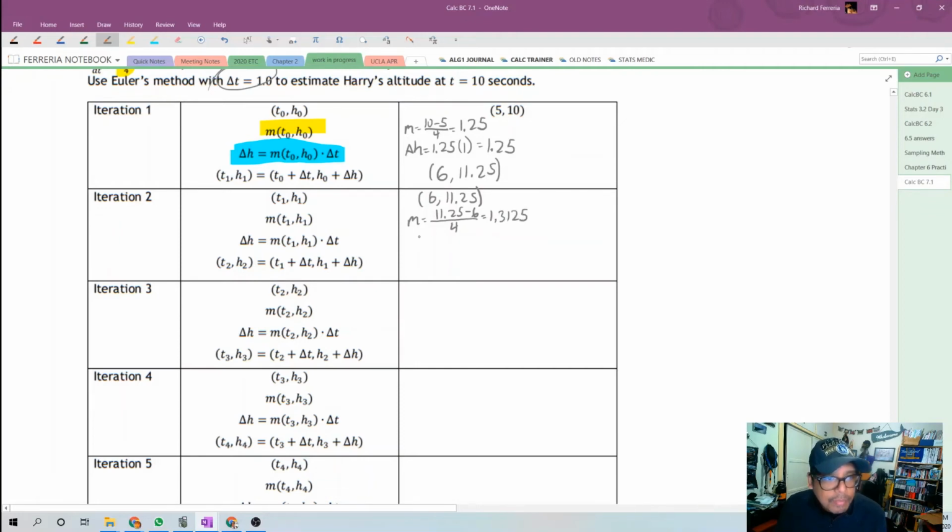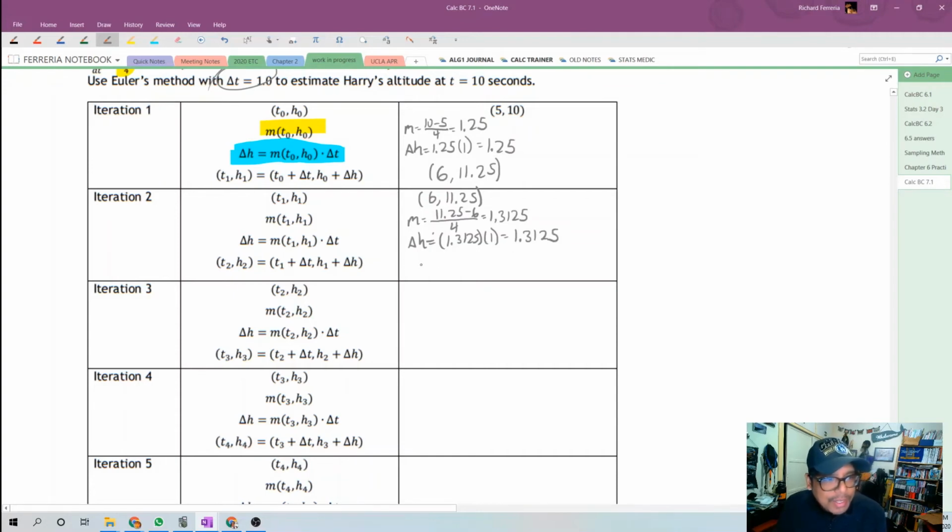Delta H is going to be equal to m, 1.3125, multiplied by delta t, which was 1, and that gives us the same, 1.3125.